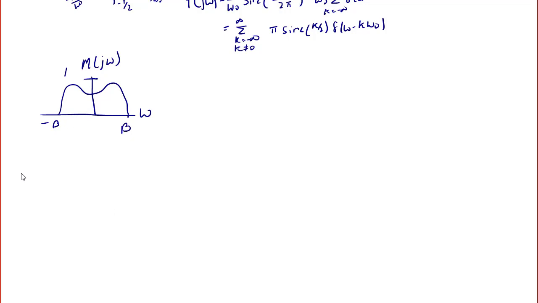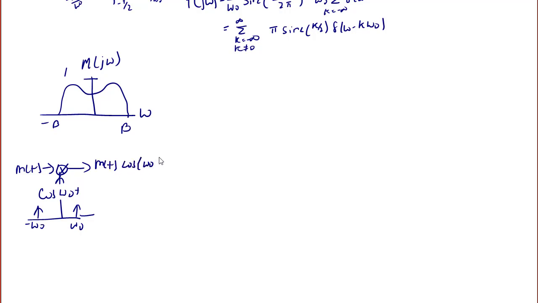And if we send it through our original m of t times cosine omega naught t, which means in the frequency domain it was at negative omega naught and omega naught, the area under these impulses for cosine omega naught are pi.